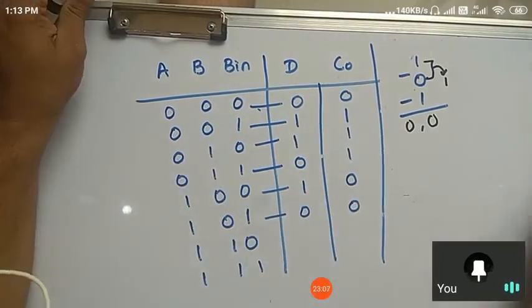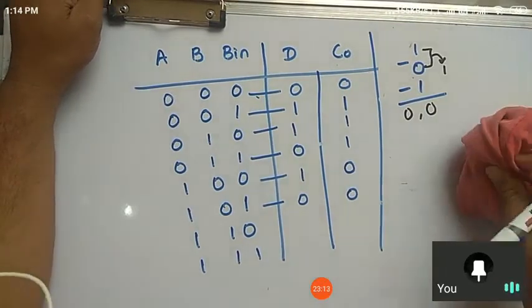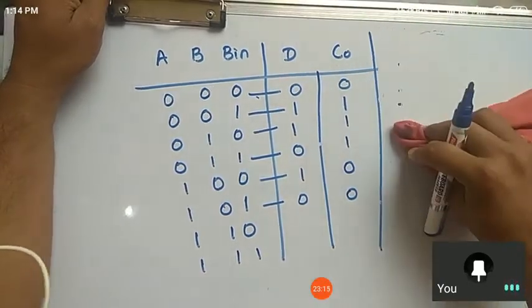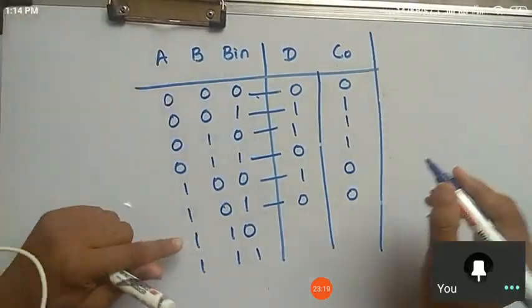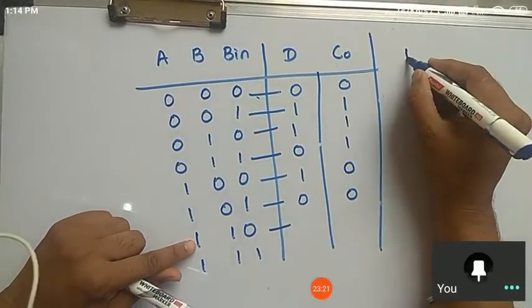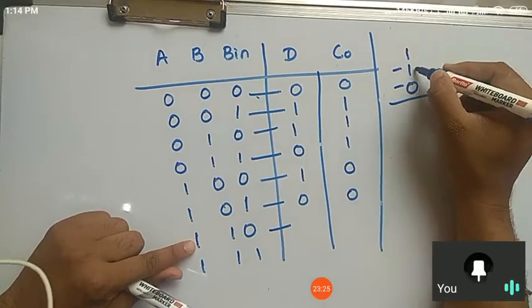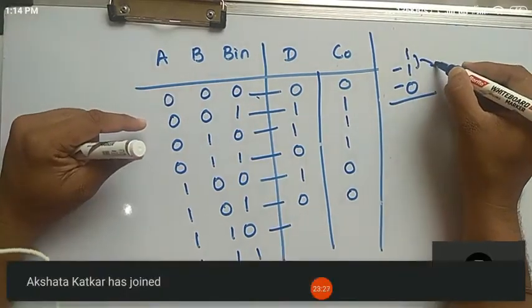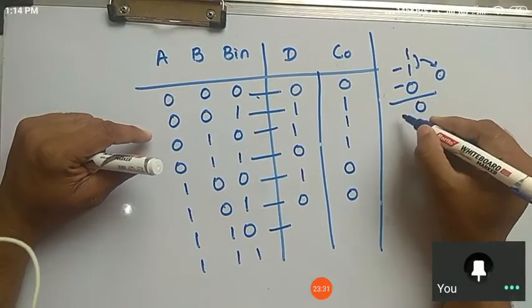They are overconfident, and during the exam they will get confused about how it is possible. I know this will happen, but this requires practice. It is very simple, but it requires practice. 1 minus 1 is again 0. 0 minus 0 is 0.